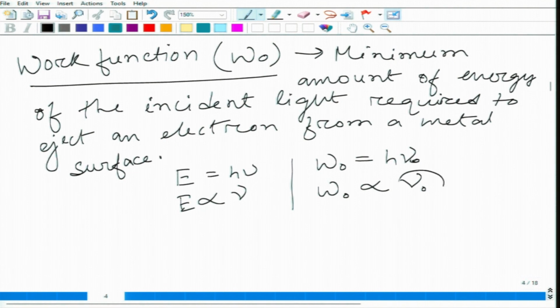So this is called the threshold frequency. If work function is the minimum amount of energy that is required, then nu naught will be the minimum frequency that is required to eject an electron. So this is known as threshold frequency.